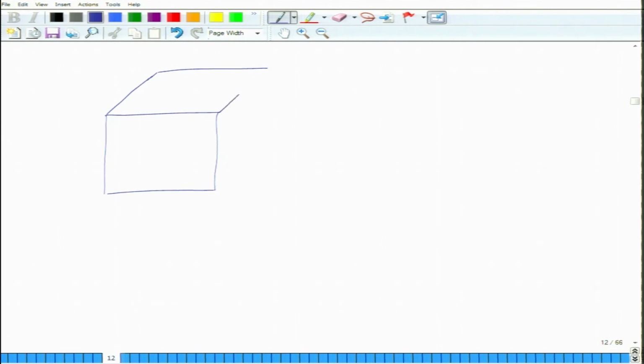So, if I draw a crystal direction in this unit cell, let us say I take U, V, W as 1, 2, 3.